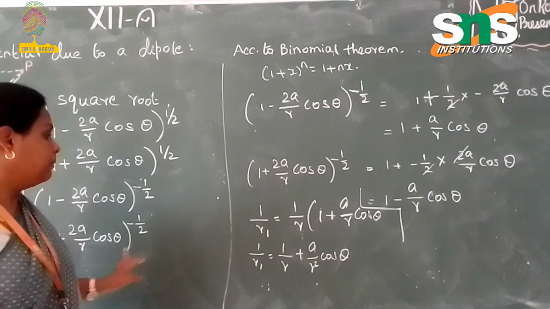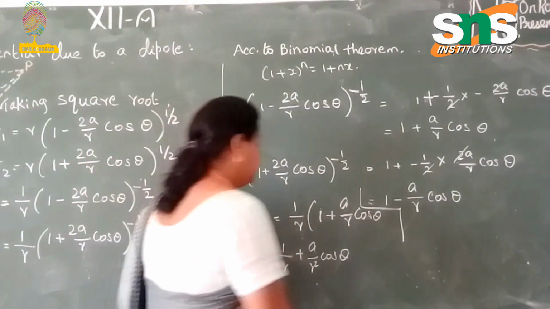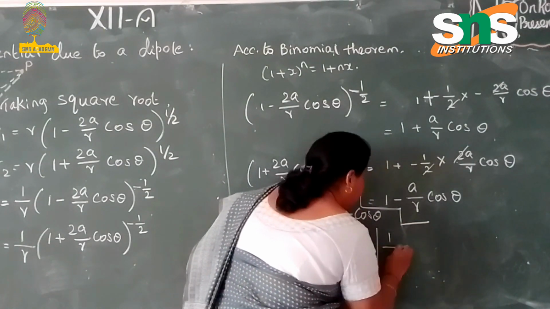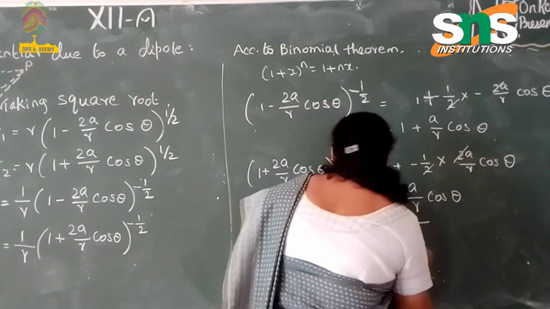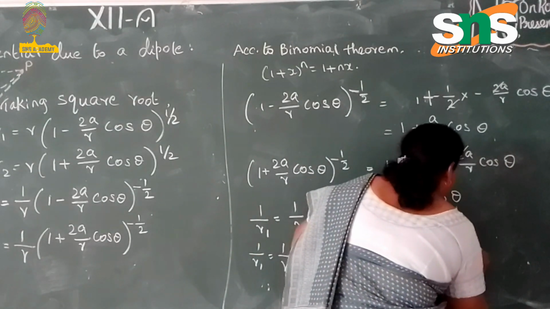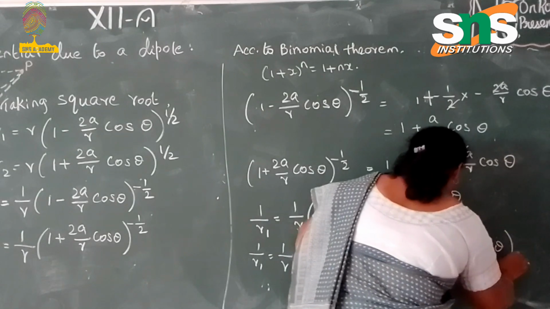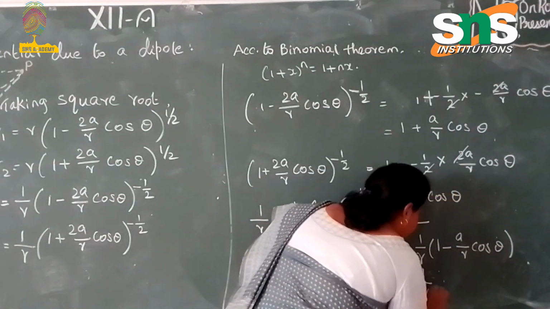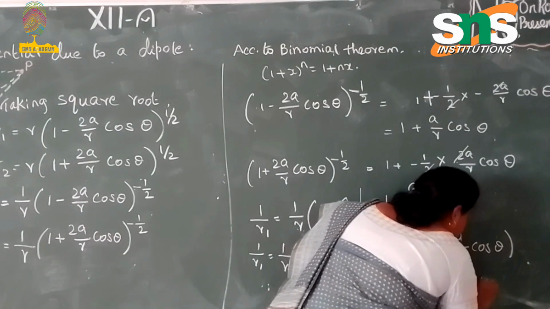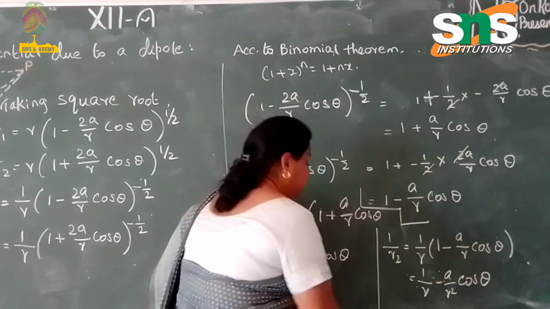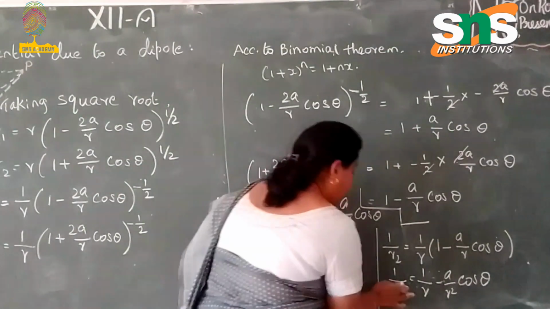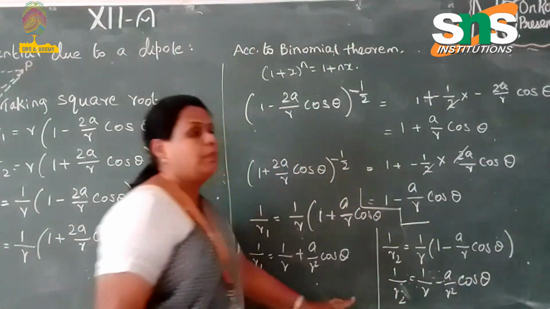Similarly, if I write for 1 by r2, 1 by r2 is equal to 1 by r into (1 minus a by r cos theta). Taking 1 by r inside, it will be 1 by r minus a by r square cos theta. At the end, we found our 1 by r1 and 1 by r2.